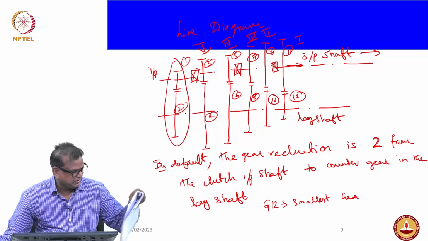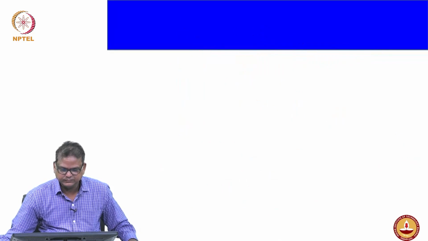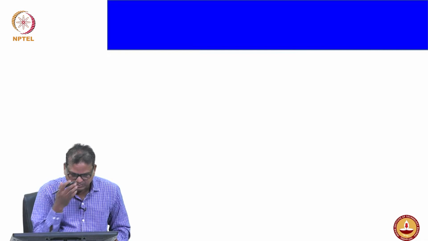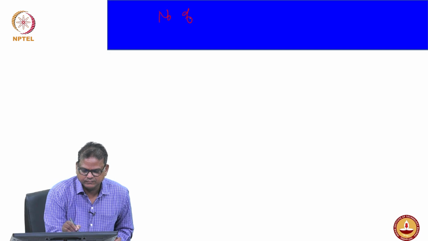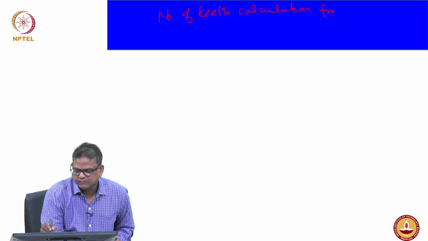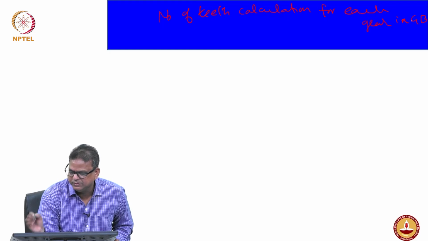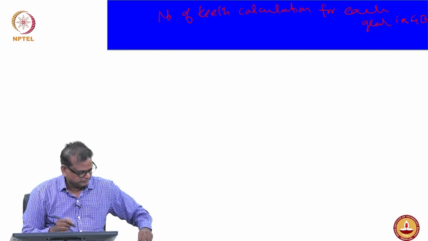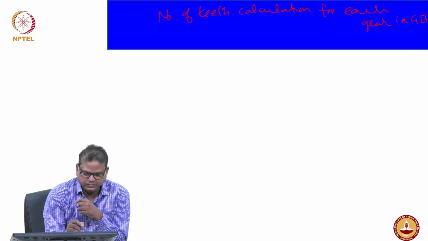Now can we move on to the calculation? The second part is the number of teeth calculation for each gear in the gearbox.